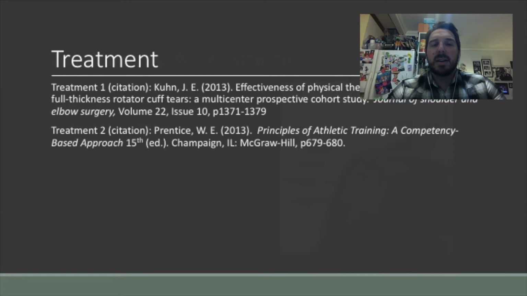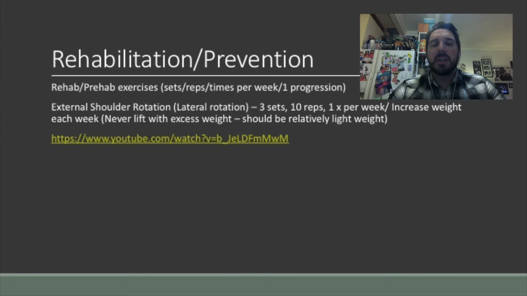These are obviously both non-surgical, since I'm not a surgeon. Typically, if you're not a surgeon, you're going to go with the physical therapy route. Any athletic trainer worth their salt is going to have to know what types of treatment there are for physical therapy. So this ties into the rehab and also prevention of the injury itself.